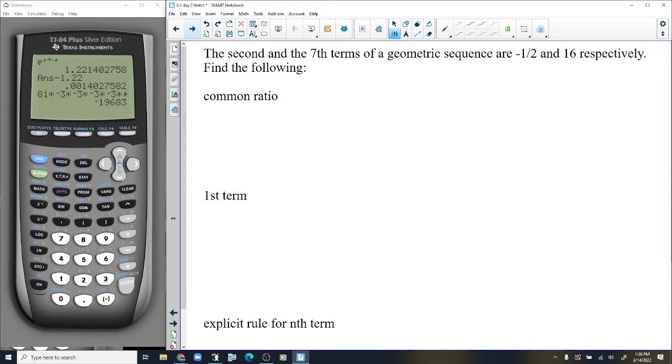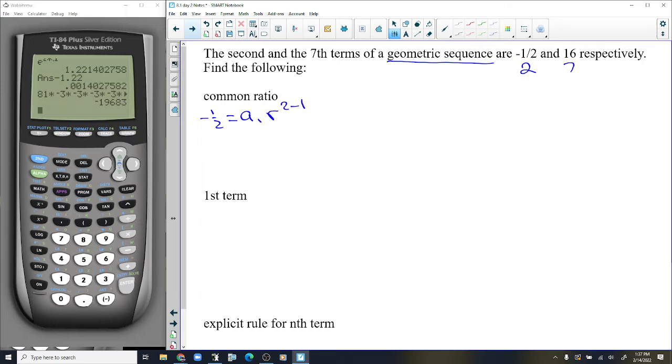We've done this technique right here for this problem in exponential decay. So it says the 2nd and the 7th terms of a geometric sequence are, this is the 2nd term, this is the 7th term. They're -1/2 and 16 respectively. Find the following, the common ratio. Well, I know that -1/2 is equal to a sub 1 r to the 2 minus 1.